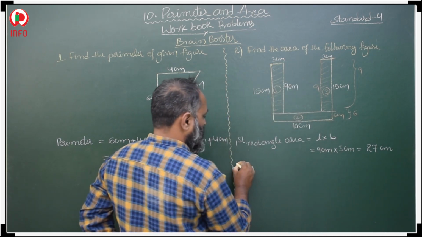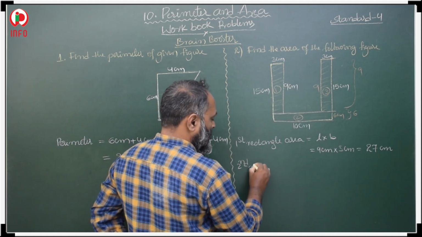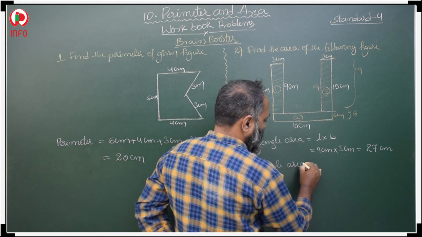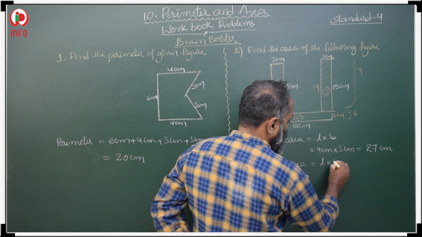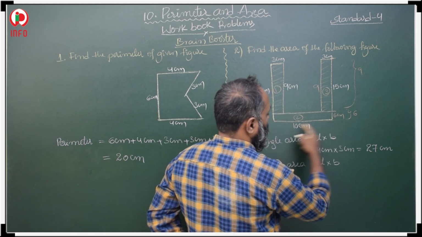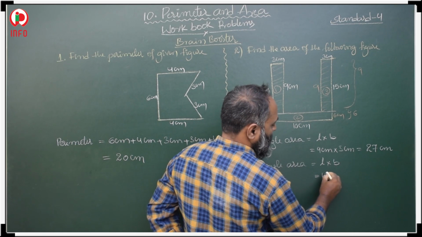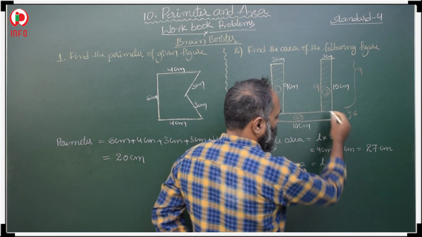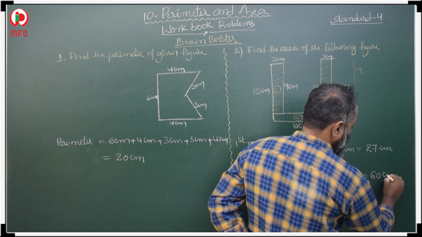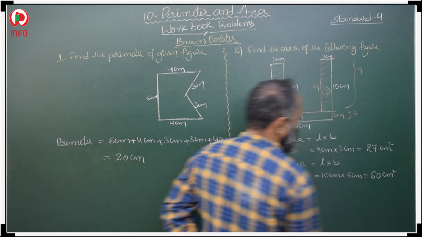Then the second rectangle area, length into breadth. What is the length? The length is 10 centimeters and the breadth is 6 centimeters. 10 6s are 60 square centimeters.